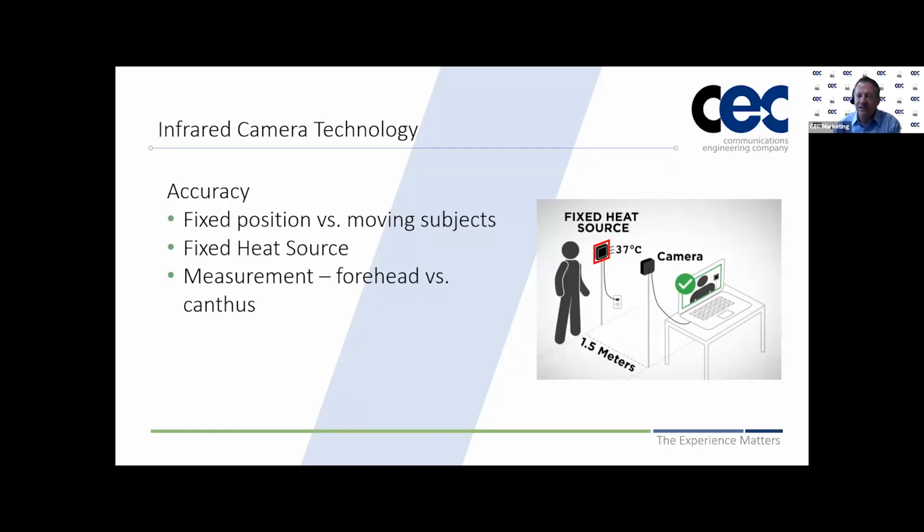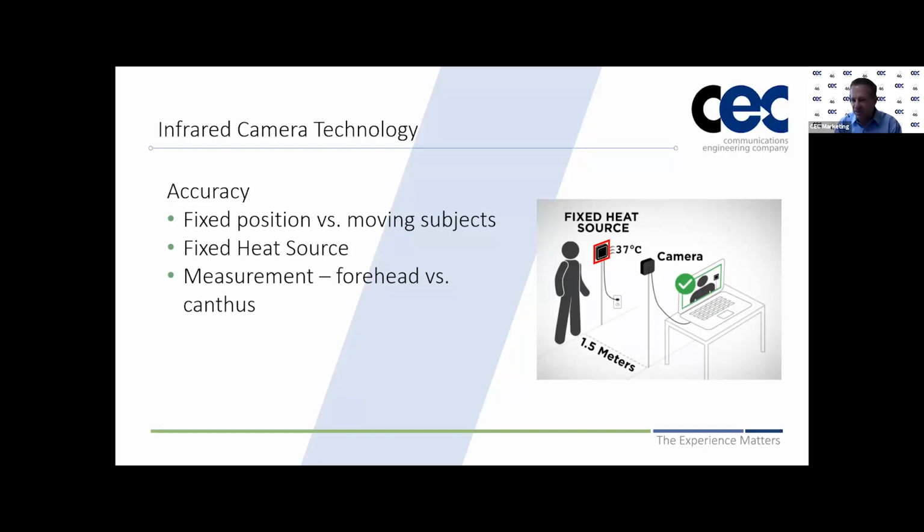So jumping into the setup then, let's talk about some of the factors on accuracy, because this is more complicated than just installing a camera. The ideal setup would be to have all subjects stop momentarily at a consistent distance from the camera to get an accurate measurement. Ideally, you'd set up a screening station where visitors and employees come through and then move on once they pass.